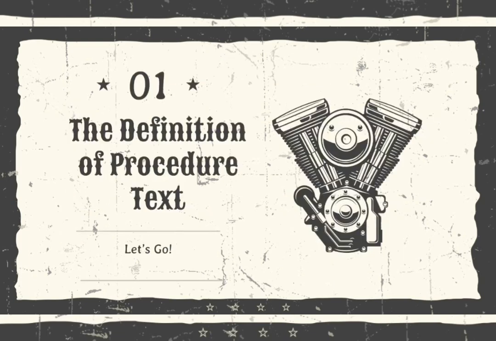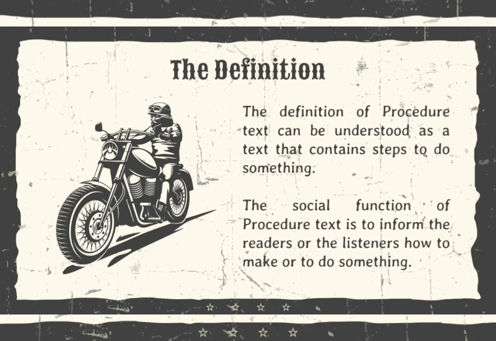Okay, let's go to the first one, which is the definition of procedure text. The definition of procedure text can be understood as a text that contains steps to do something.